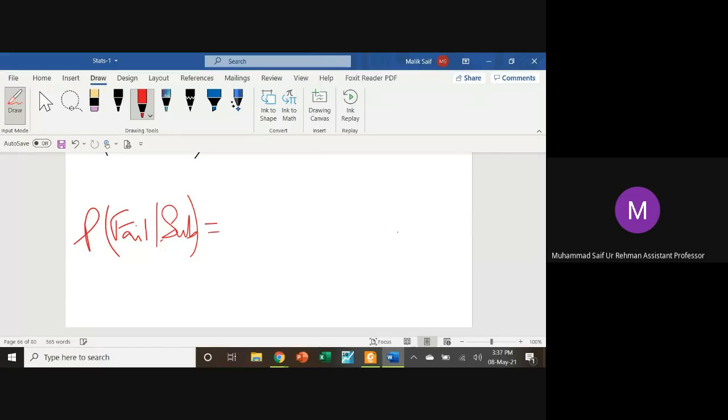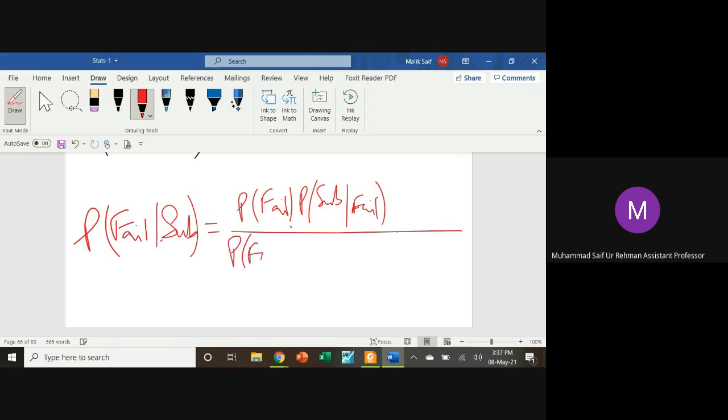So now, taking help of Bayes theorem, Bayes formula, what is the numerator in this case? Probability of fail multiplied by probability of submission given fail. Repeat this: probability of fail and multiply by probability of submission given fail.